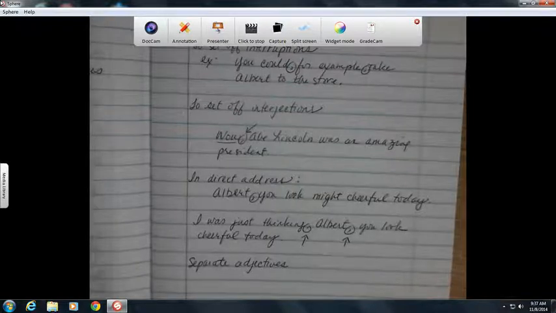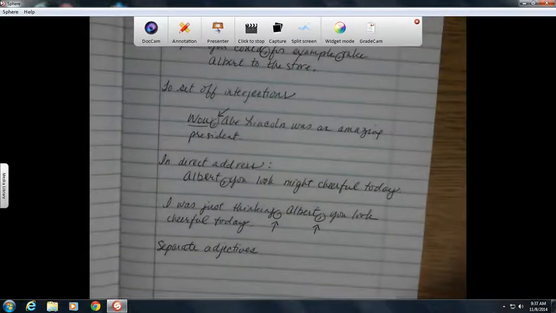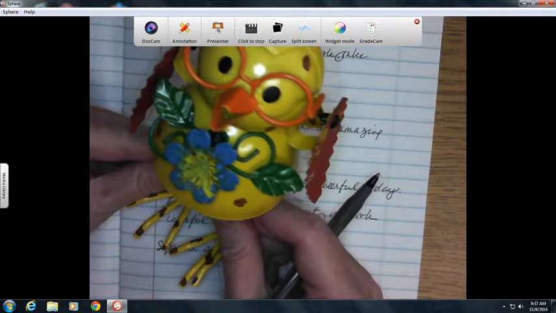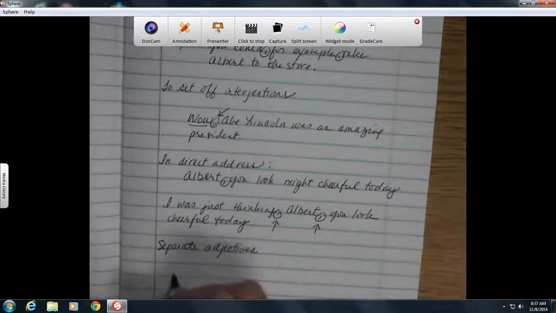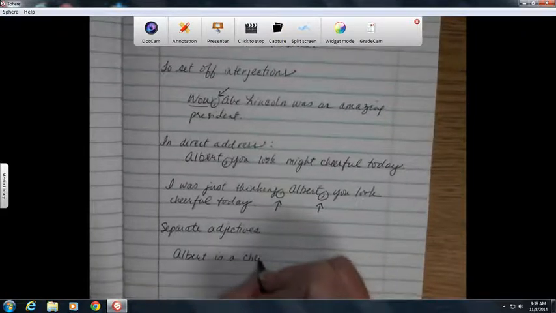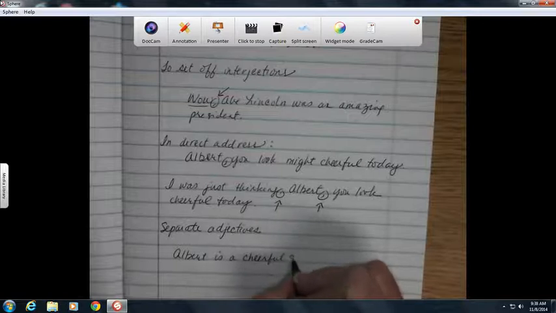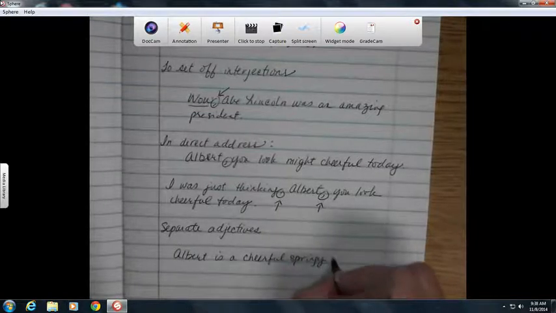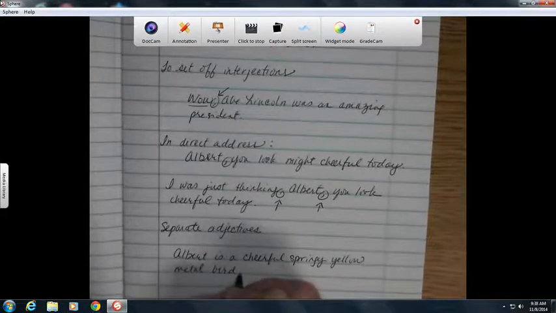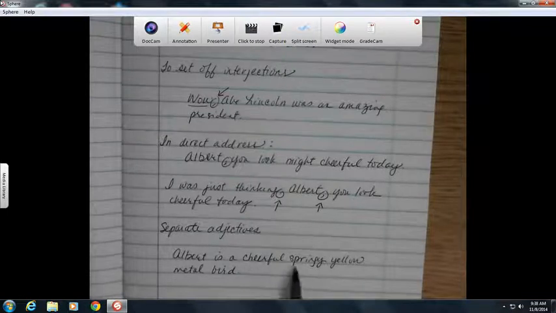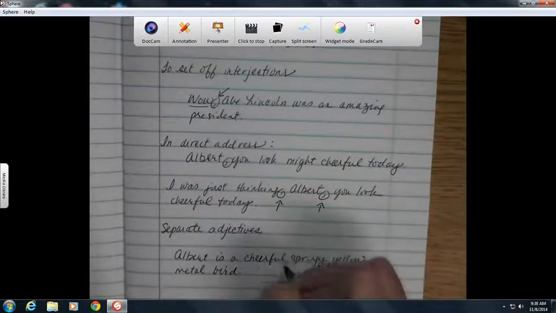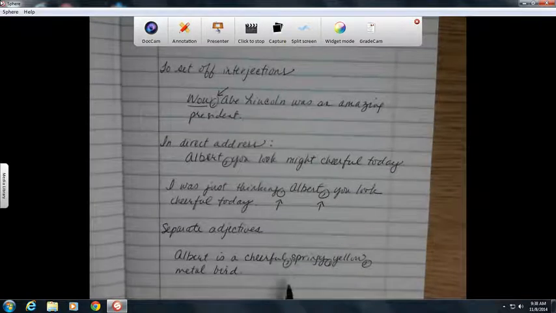So if I wanted to say that Albert is a cheerful, springy, yellow metal bird, I would write: Albert is a cheerful, springy, yellow metal bird. I've got four adjectives. Cheerful, comma, springy, comma, yellow, comma, metal bird. So I'm separating the adjectives using commas.